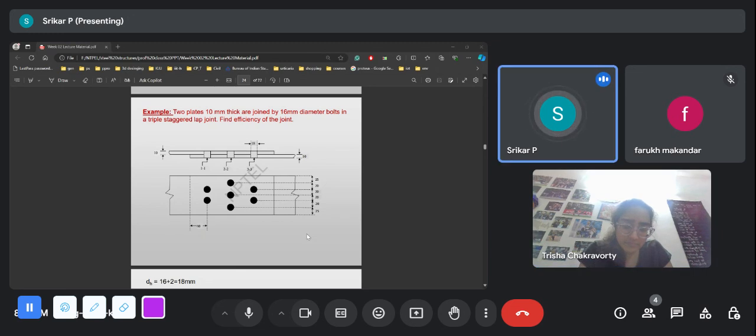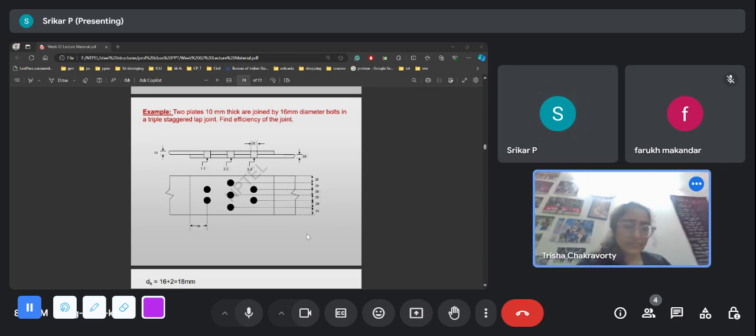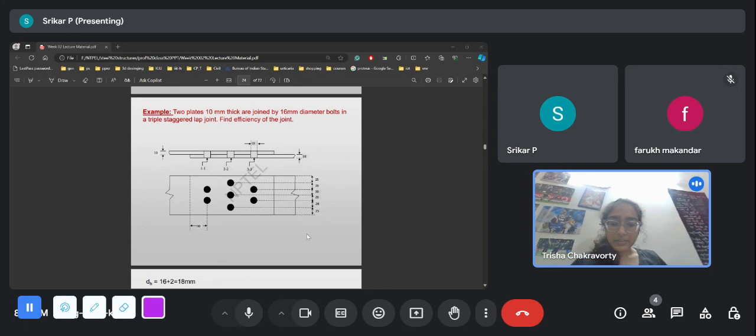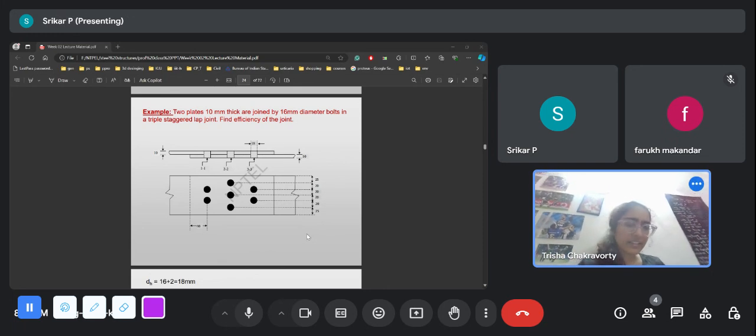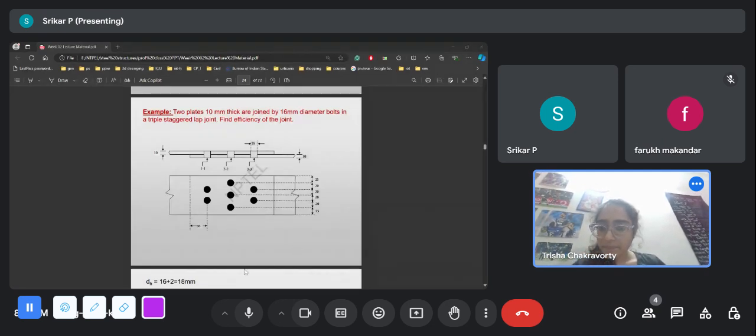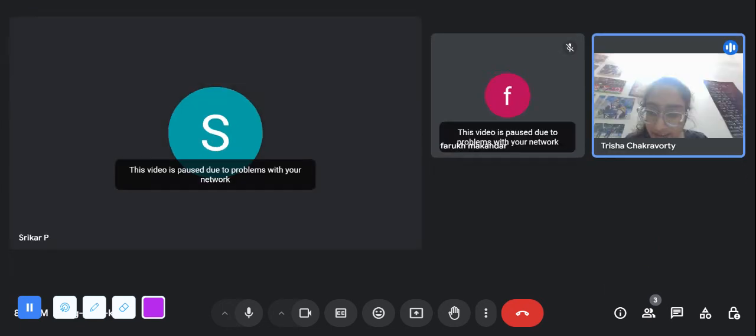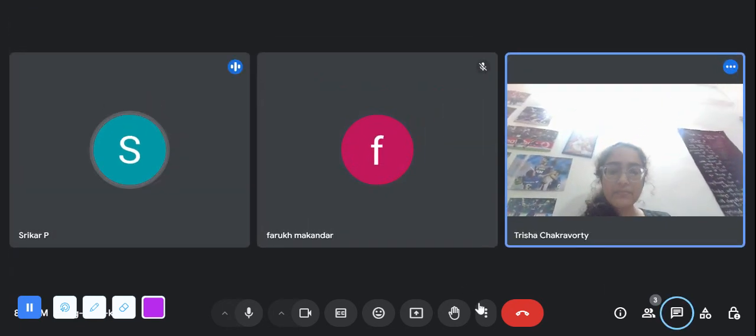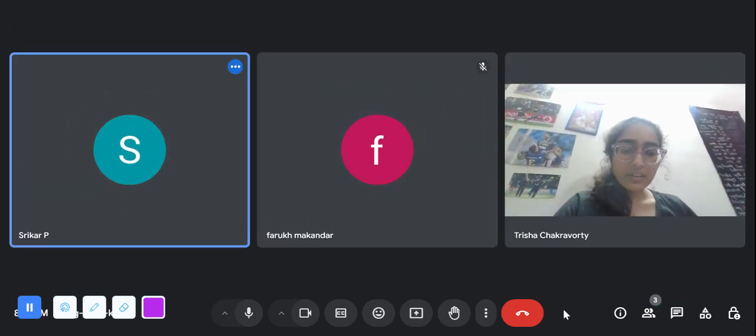Actually, we crossed welding and went to the tensile capacity of plates, that part. Next class I think is about tensile capacity of plates. Sure, one second. Yeah, the next class is eccentric connections. Oh yeah, okay then.